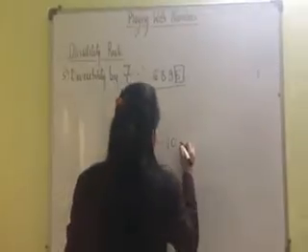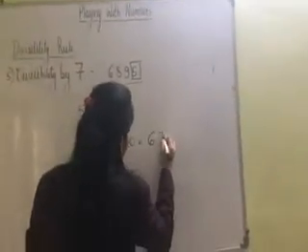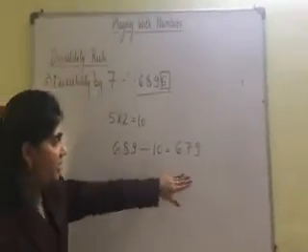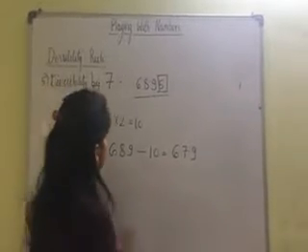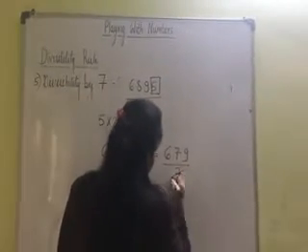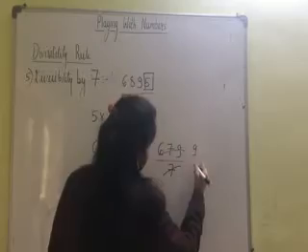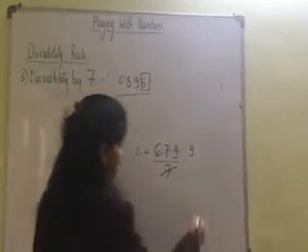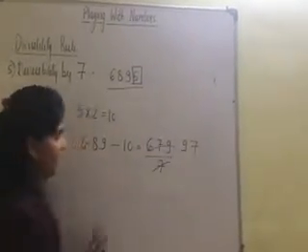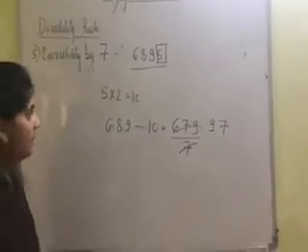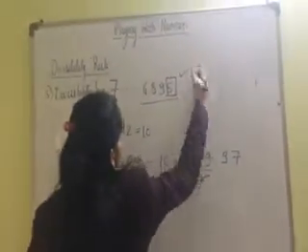So it will be 679. And yes, 679 is divisible by 7. 7 times 9 is 63 and 7 times 7 is 49. So yes, it is divisible by 7. That's why this number is divisible by 7.